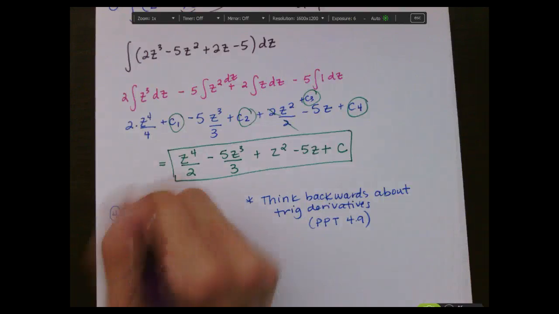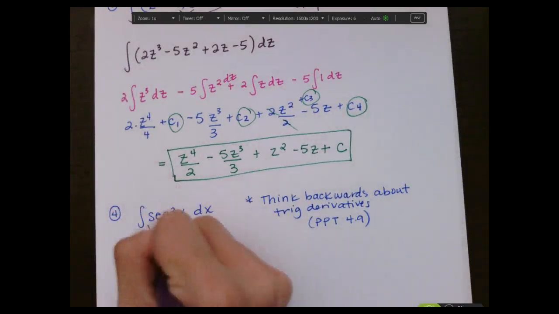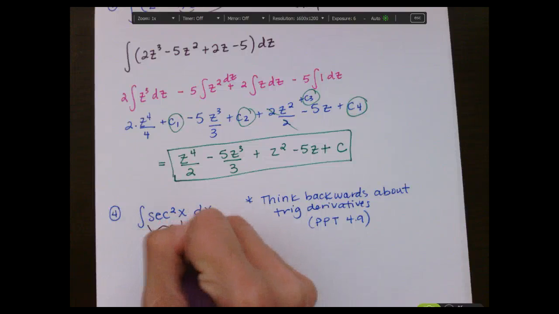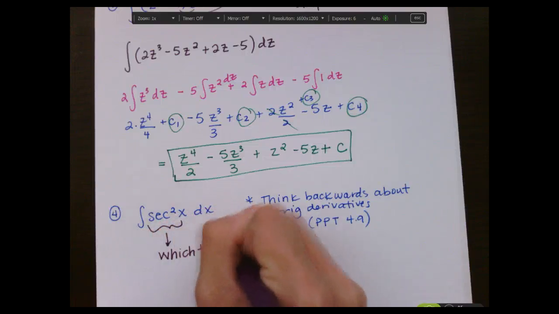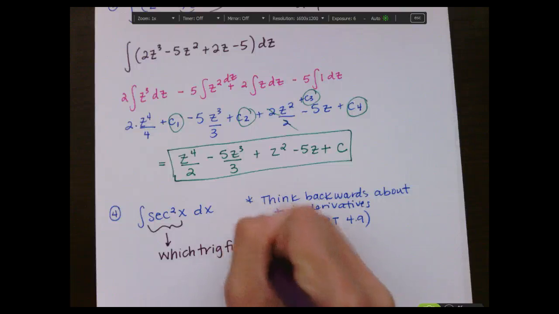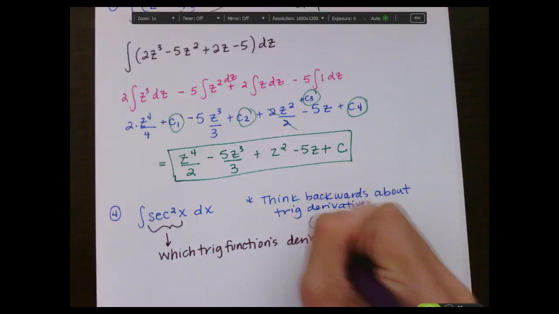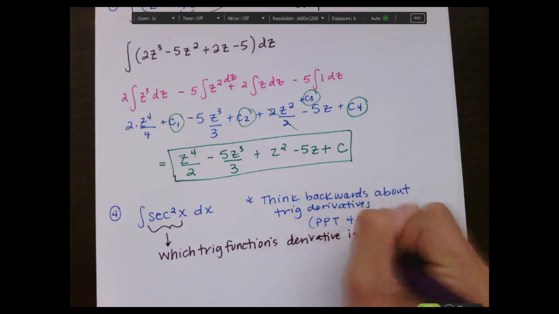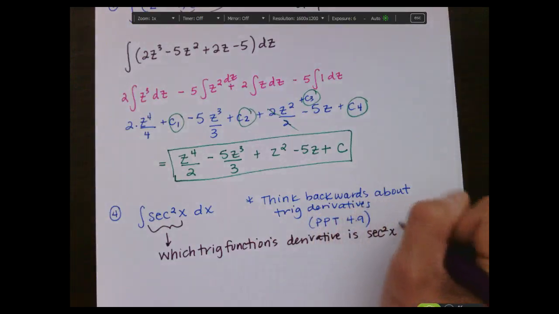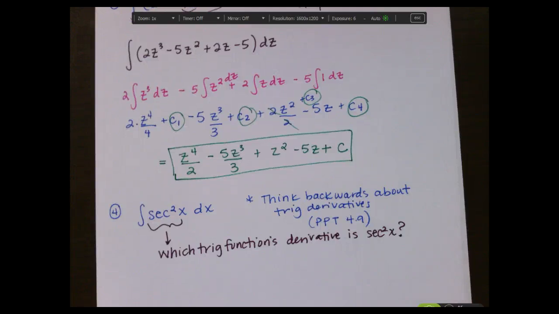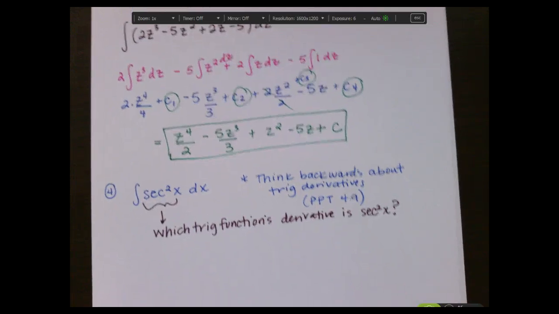So here, you want to ask yourself, which trig function's derivative is secant squared x? So which function would you take the derivative of and get an answer of secant squared?